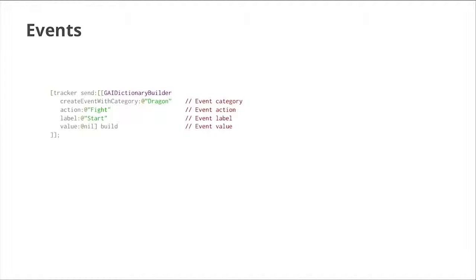For every event, you can categorize your events. We allow you to categorize your events in a hierarchy, so you can keep them in groups. For each event, you can send us a category, an action, and a label. And if you so choose, you can associate a value. For example, if you have some achievement that got unlocked and you would like to associate some value to it, you could do that, and then you can use that value in analysis.